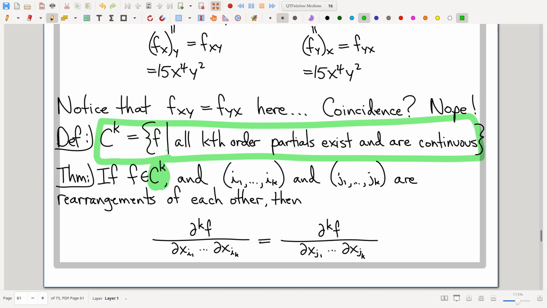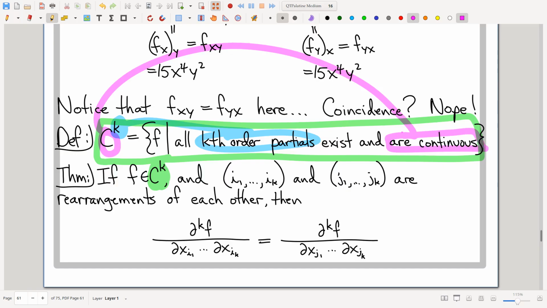So C^k tells you how many degrees of partial derivatives we know exist and are continuous. K says the order of partials that have to exist, and C is a reference to the fact that they also have to be continuous. Does that make sense to everybody?